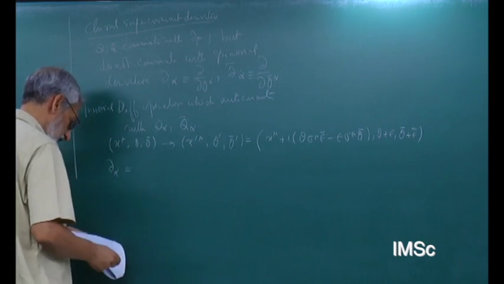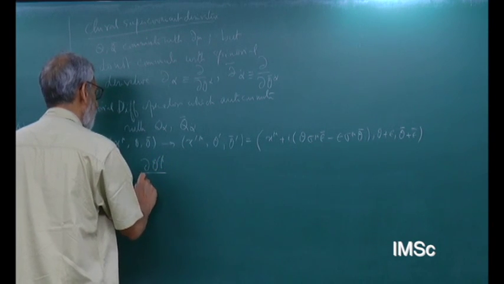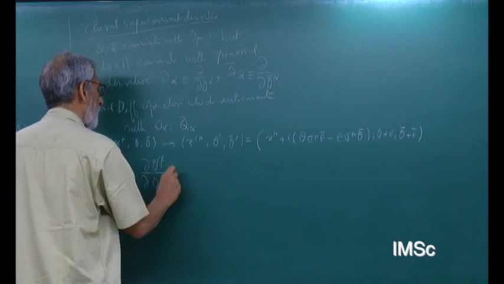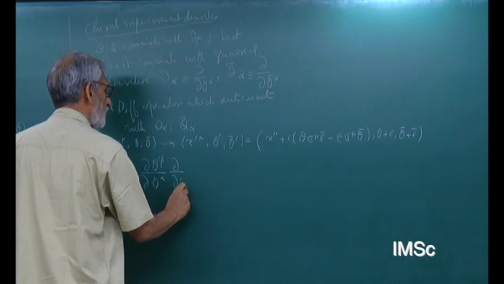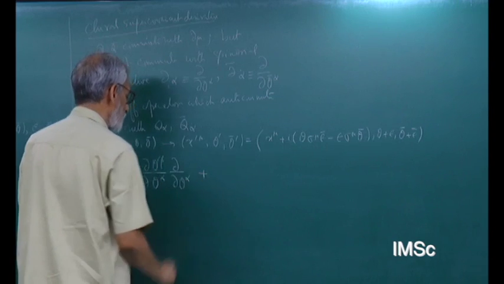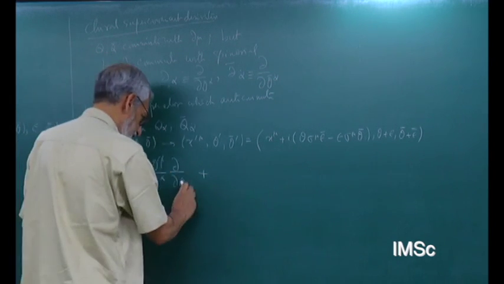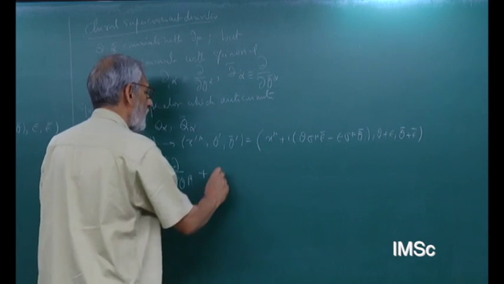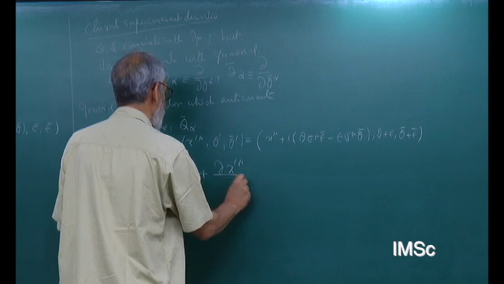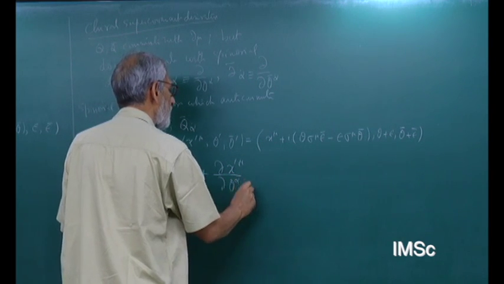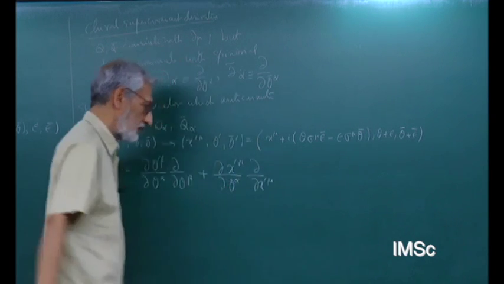I could also write d by d theta alpha as d theta prime beta by d theta alpha, d by d theta prime beta, plus d x mu prime by d theta alpha, d by d x mu prime.